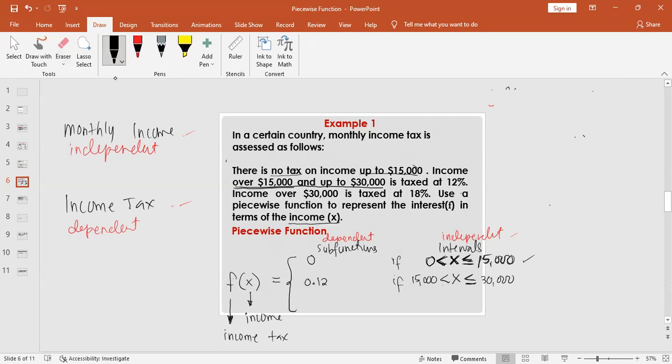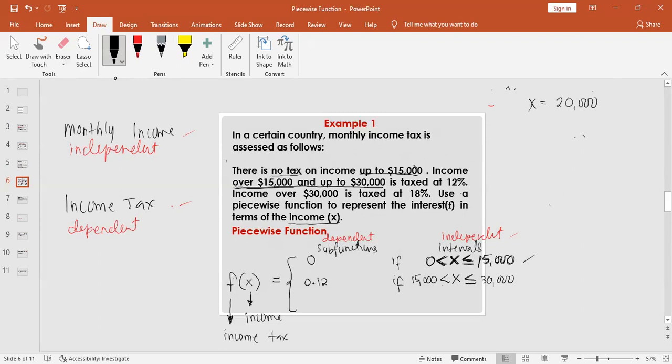So, going back, sa tingin nyo ba tama na tong second subfunction natin? Let's try. What if the monthly income of a person is $20,000? How are you going to compute for the monthly income tax?